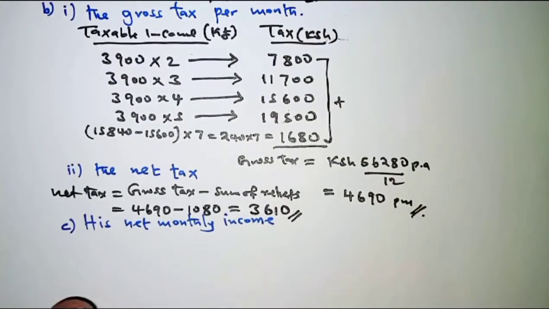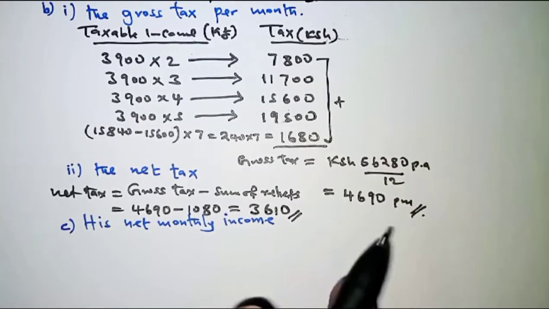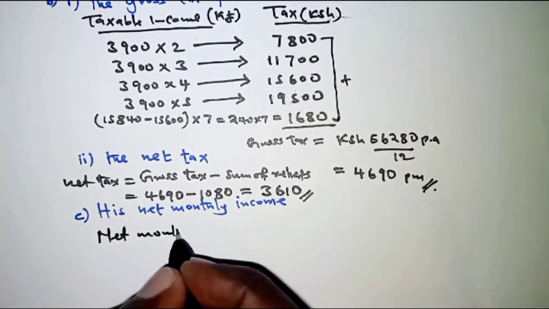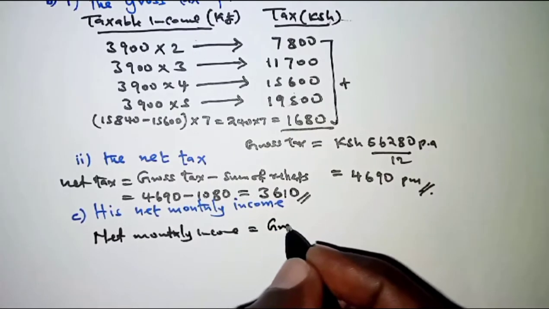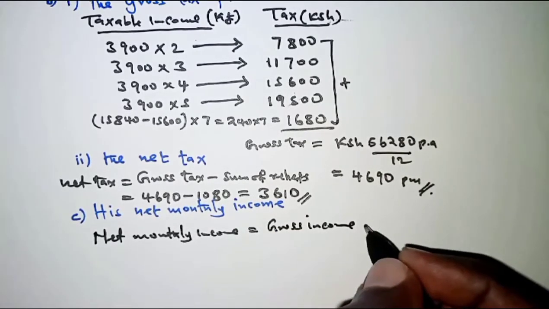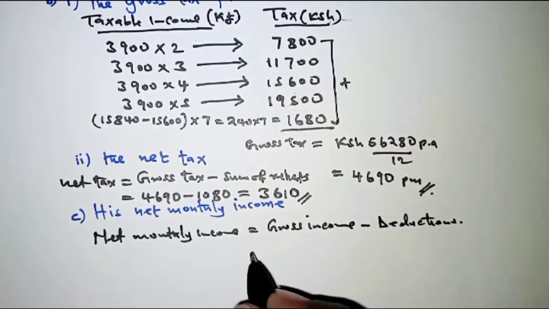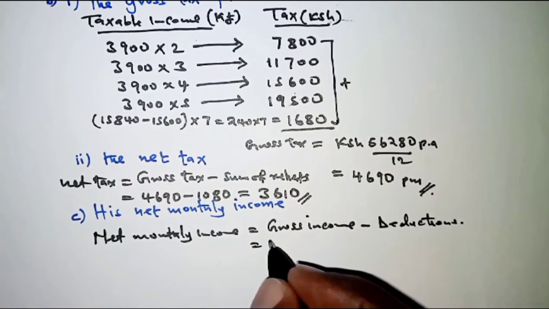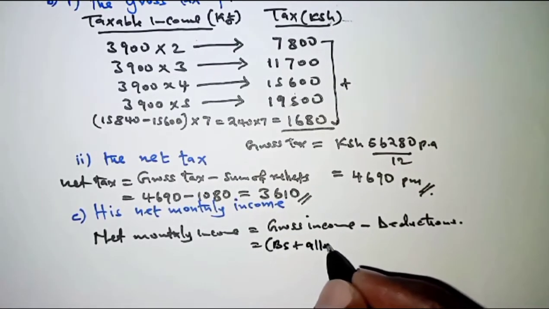Finally, we are required to calculate his net monthly income. So net monthly income is obtained by simply having the gross income or total income minus all deductions. So the gross income simply includes the basic salary plus allowances.